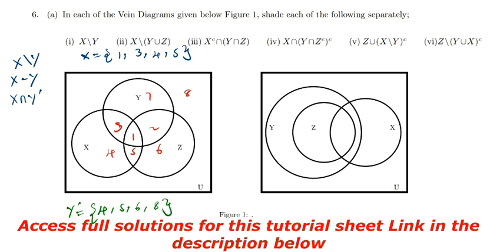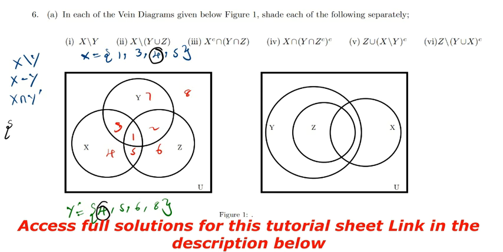Now to answer the question, we are looking for elements which are common in X but are also in Y complement. Let's check which elements are common. 1 is not in Y complement, 3 is not in Y complement, but 4 is in X as well as in Y complement.